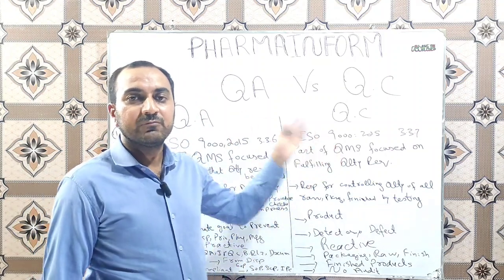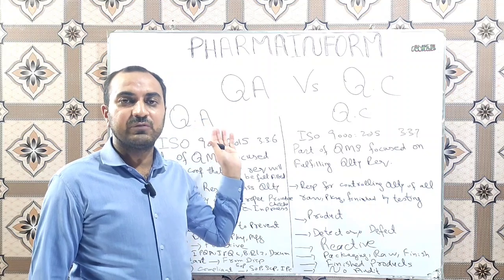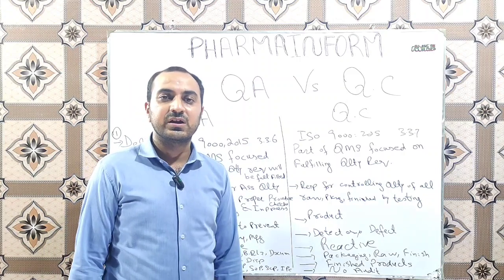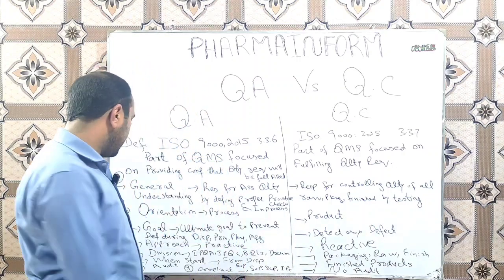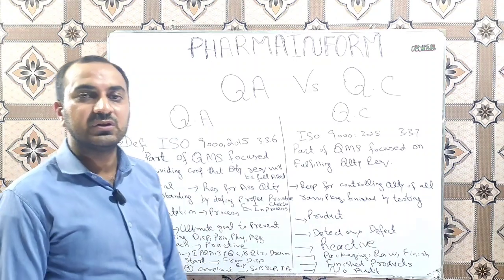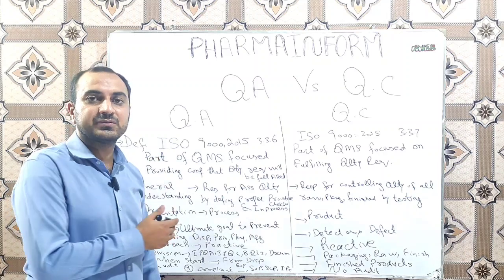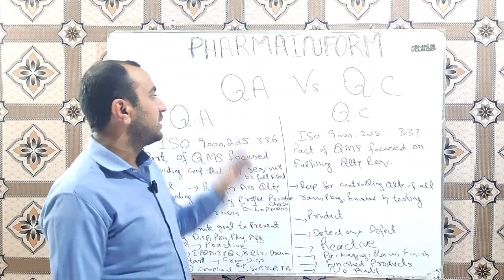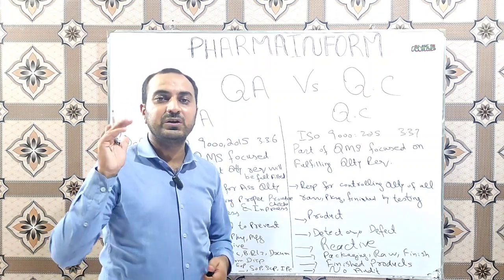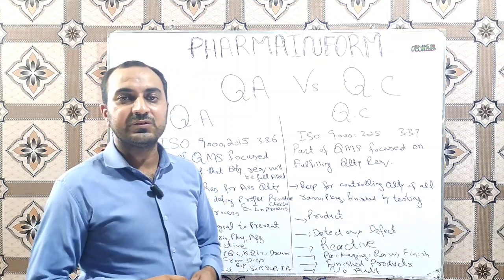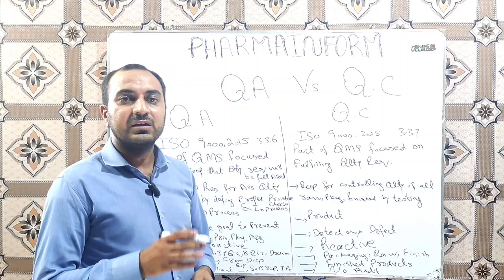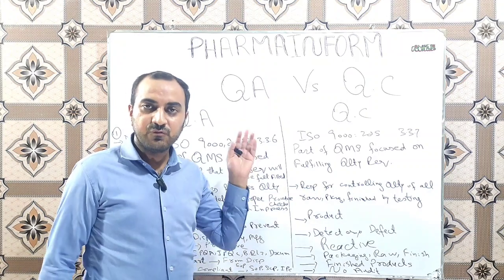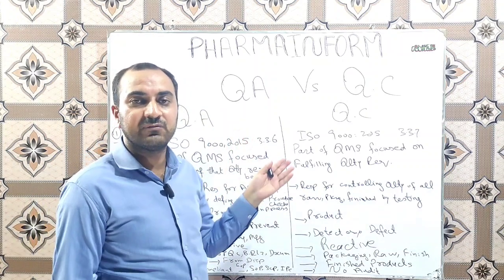For a brief overview, first of all, you have to find the difference between definitions, then the general understanding of QA and QC, then the orientation, then the goal of QA and QC, then approach of QA and QC, division of QA and QC, examples of roles played by QA and QC, and the last one for explanation is that QA's purpose is to build quality in the product, mean its aim is to define procedures in such a way that there are no chances of defect which can occur in the product. For this, it defines procedures, SOPs, and work instructions.